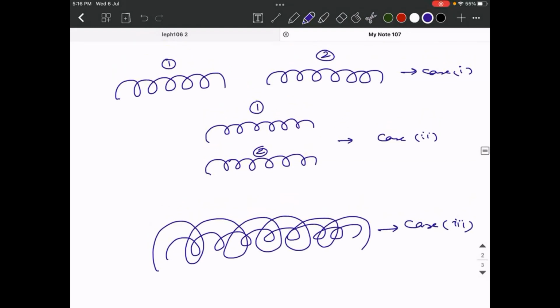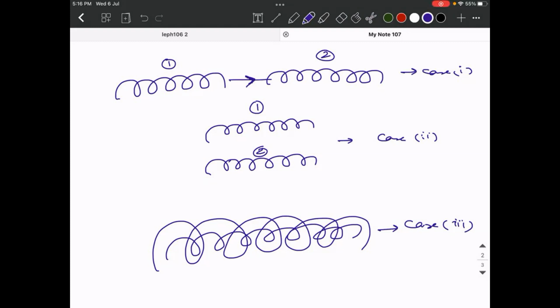Case 3 is the most effective, followed by case 1, followed by case 2. Because in case 1, what can happen? This field will get linked here, because here I have literally drawn a solenoid. Okay. So what will happen? In case 1, the magnetic field from the first coil is generally getting linked to the second coil because along the axis you have magnetic field.